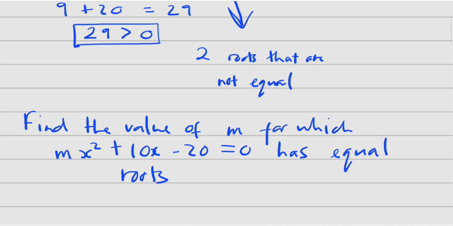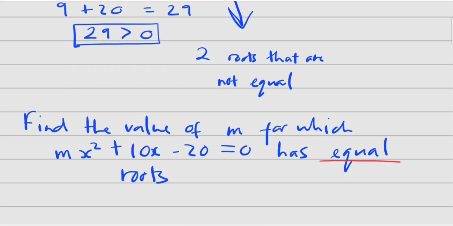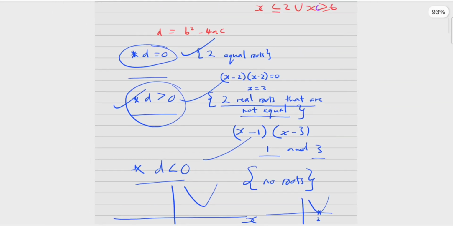That's our question. Find the value of m for which mx squared plus 10x minus 20 is equal to 0 has equal roots, right? And we know that for us to have equal roots, the discriminant has to be equal to 0, right?